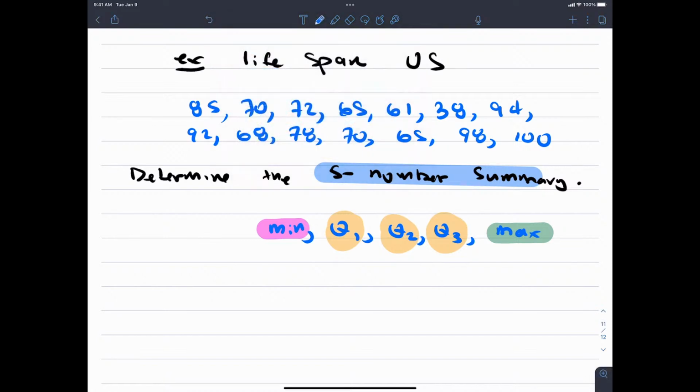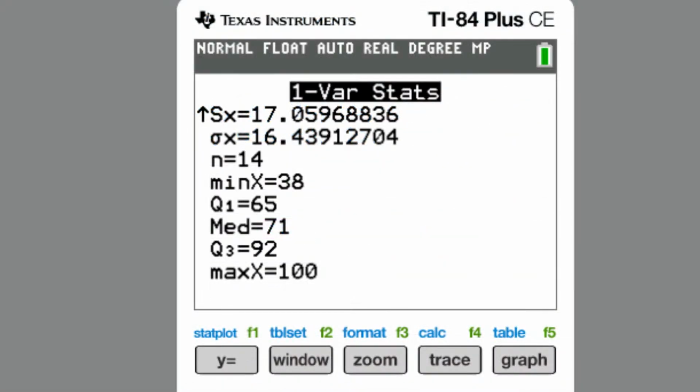What's the minimum value? Does that calculator give me a minimum? Say yes. What's the minimum? 38? Do you guys see the 38 there? Okay, what's below 38? Q1. What do you think that stands for? First quartile. And then what is that med again?